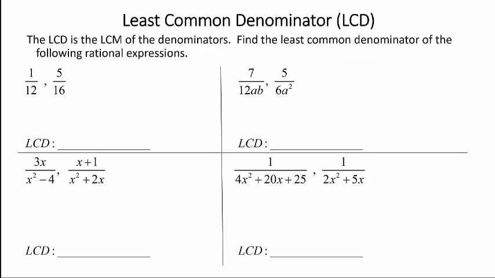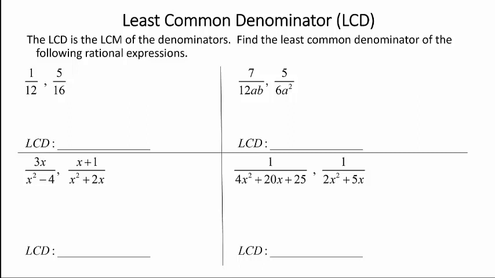First of all, before we even start with polynomials, I just want to start with a couple of fractions like 1/12 and 5/16. Something where the numbers are a little bit bigger but not too huge, and see if we can find the least common denominator. The least common denominator, or LCD, is the least common multiple of the denominators.